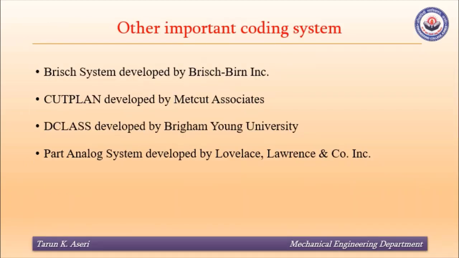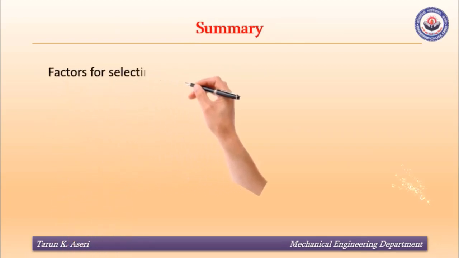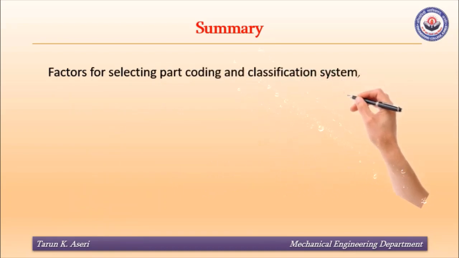Other important code systems available in the market are these, but the most popular are as we already discussed. So to summarize, we have seen what kind of important factors need to be evaluated before selecting any part coding and classification system.